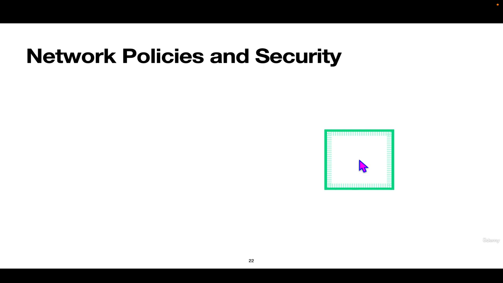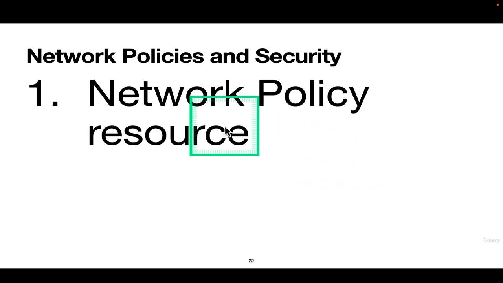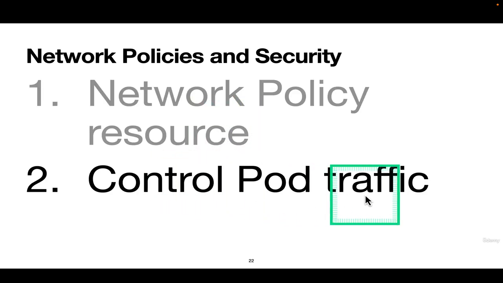Network policies and security. The network policy resource in Kubernetes allows for defining rules to control ingress and egress traffic between pods and services in a cluster. Control pod traffic. By creating and applying network policies, you can selectively allow or deny traffic between pods, services, or external sources, providing fine-grained control over communication.